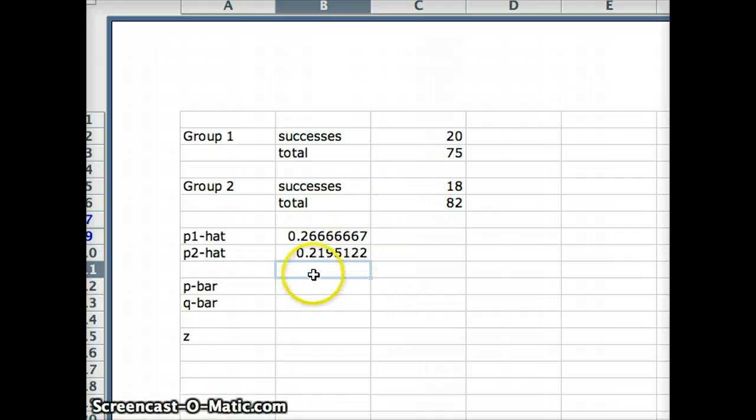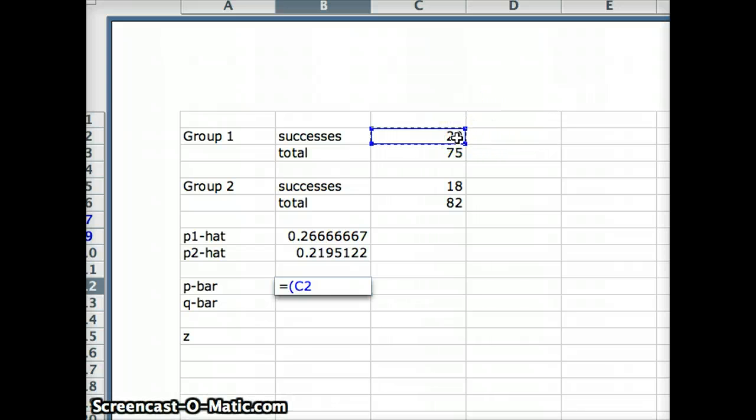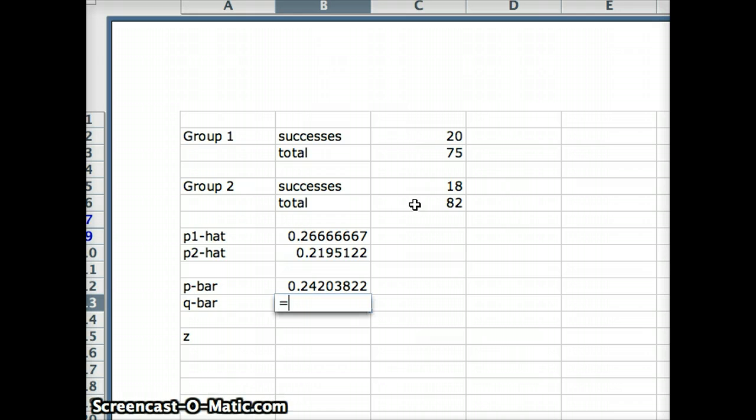Now to get P bar, we need the total number of successes divided by the total number of trials, equals total number of successes, first group plus second group, divided by the total number of trials, first group plus second group. So we get a P bar of 0.242, and Q bar, of course, is 1 minus P bar.